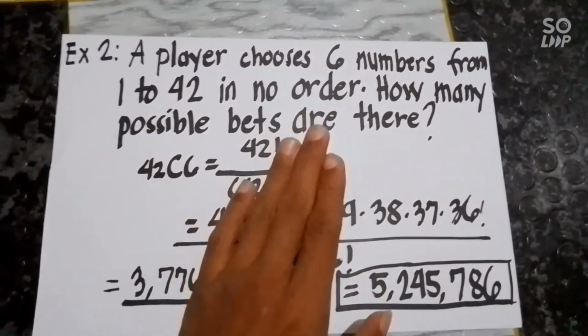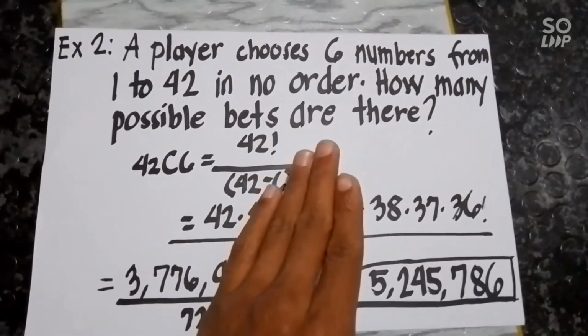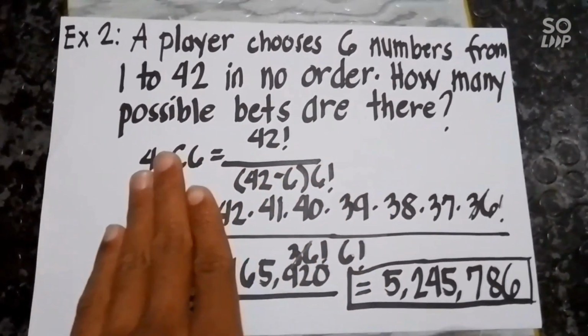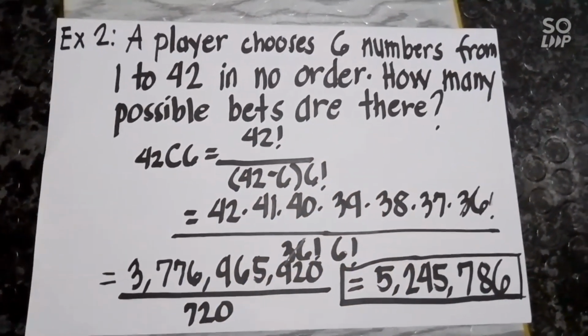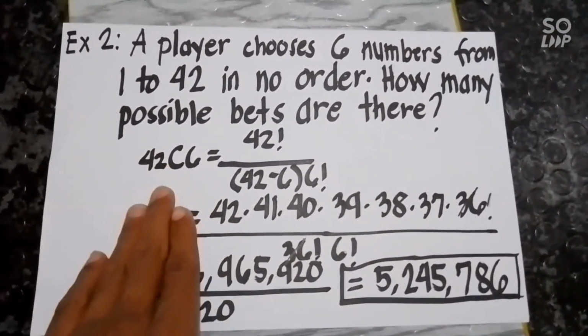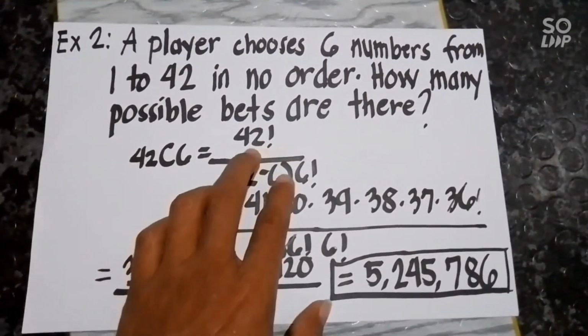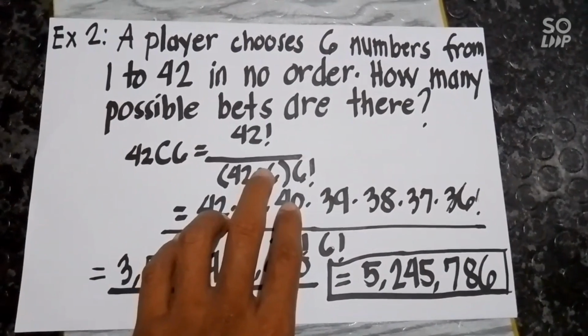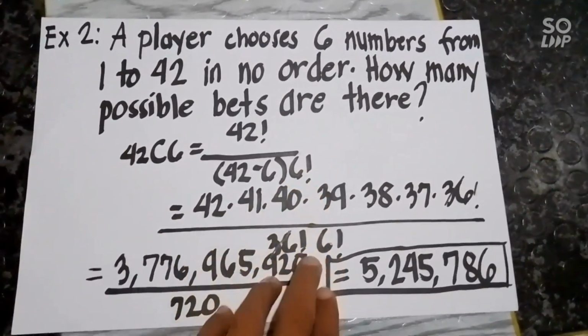Fifth example in combination. A player chooses 6 numbers from 1 to 42 in no order. How many possible bets are there? Solution: 42C6 equals 42 factorial over 42 minus 6 factorial times 6 factorial.